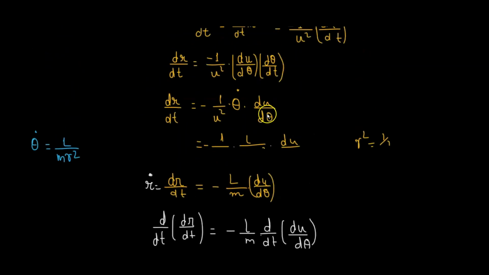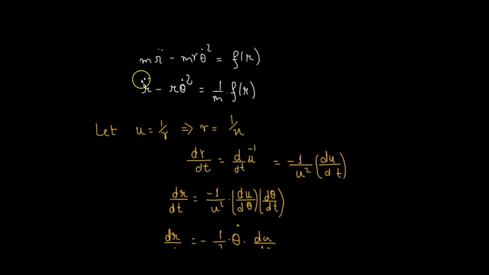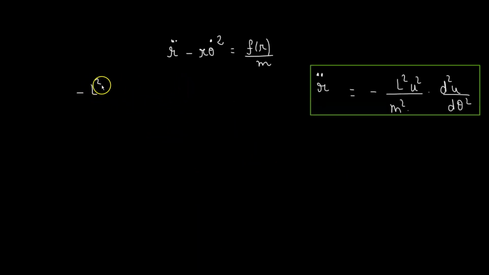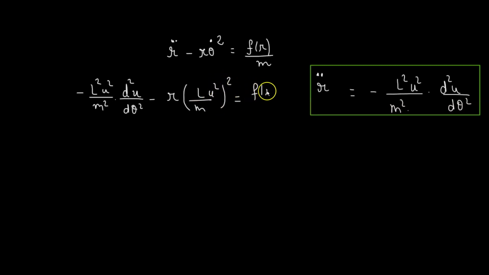Let's use this equation to replace it in our equation of motion, r double dot minus r theta dot squared equals f of r over m. That should give us negative L squared u squared divided by m squared multiplied by the second derivative of u with respect to theta, minus r times theta dot squared, where theta dot will be L over m r squared, so with r equal to 1 over u we have L u squared over m, whole squared, is equal to f of r over m.